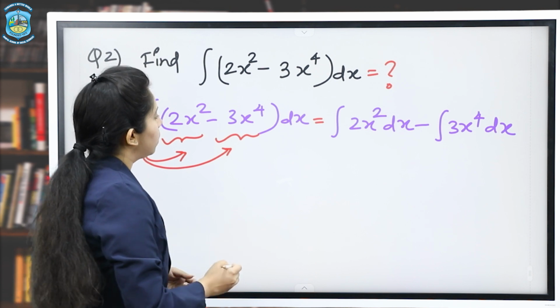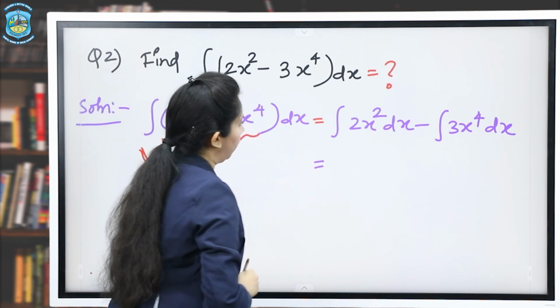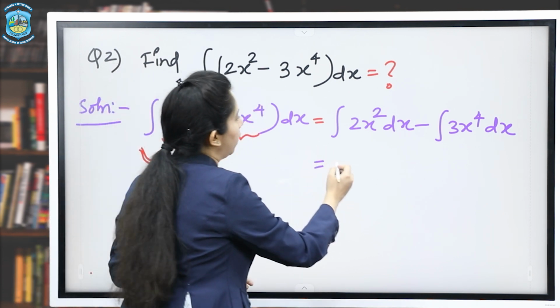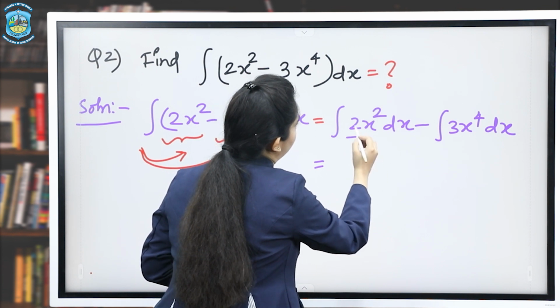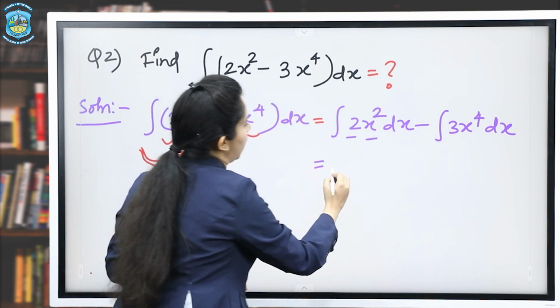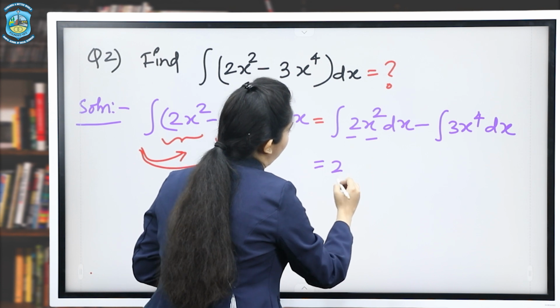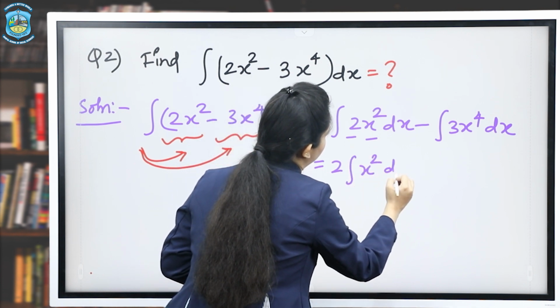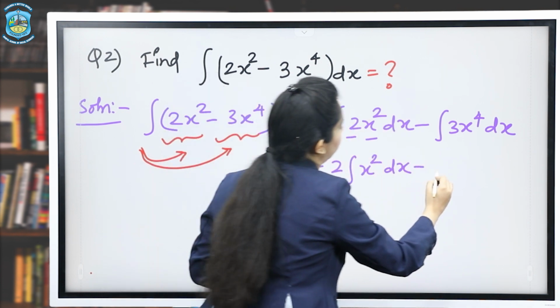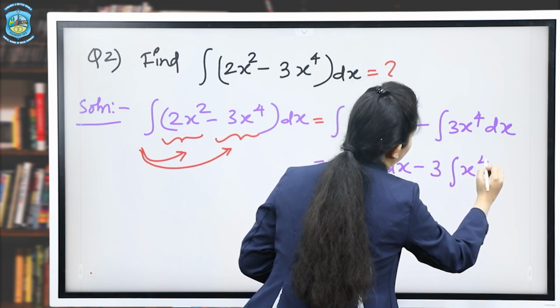Now we will use the general property of indefinite integrals, that the integral of the product of a constant and a function is equal to the product of the constant and the integral of the function. Similarly, we will do this with the second term also.